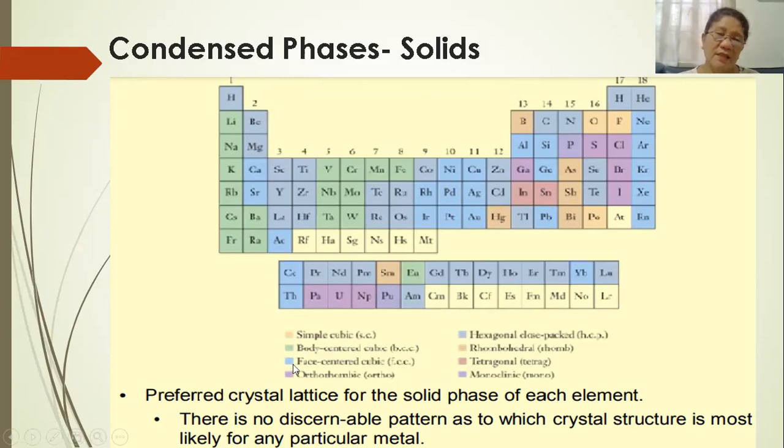I could not see its color well, it's more light blue. Okay, this one is light blue. The calcium, the strontium, like that. Then the face centered, that is the darker blue. So on and so forth. So these are the colors of the types of crystals in the different elements.